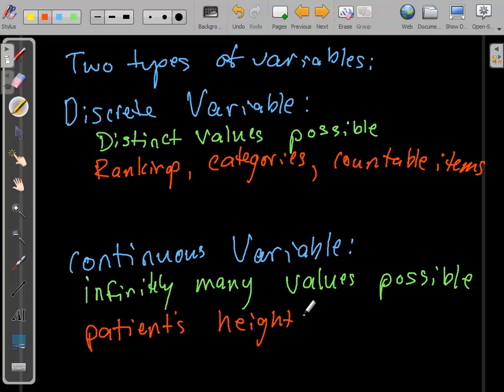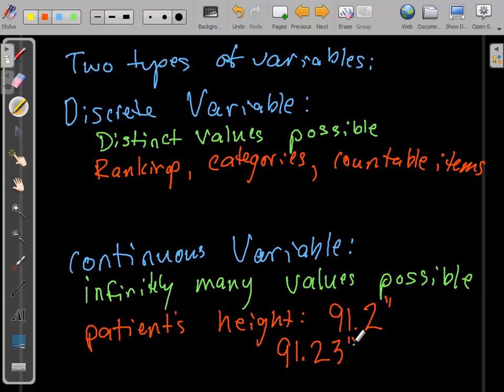Okay, let's look at patient's height. Even though there are infinitely many heights available, we are limited in terms of you can't be less than 0 inches tall, or it's unlikely that you're more than 2,000 inches tall. I mean, you can refine it a little bit further, but somebody could be, for example, 91.2 inches. Somebody else could be 91.23 inches, and those are different.